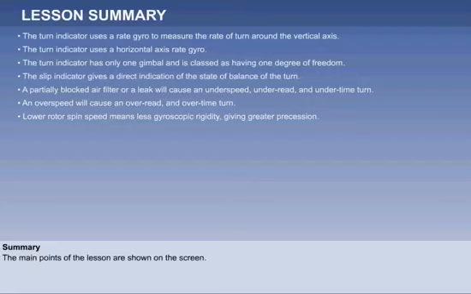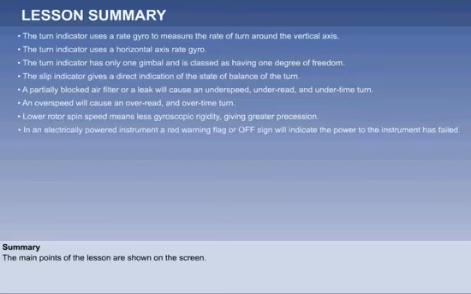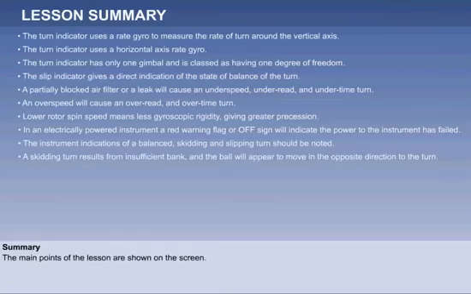In an electrically powered instrument, a red warning flag or off sign will indicate the power to the instrument has failed. The instrument indications of a balanced, skidding and slipping turn should be noted. A skidding turn results from insufficient bank, and the ball will appear to move in the opposite direction to the turn.